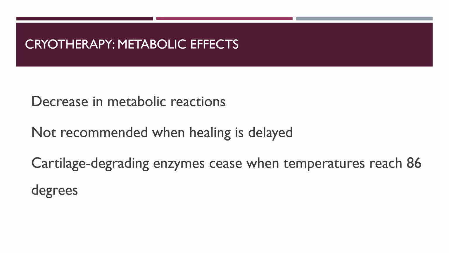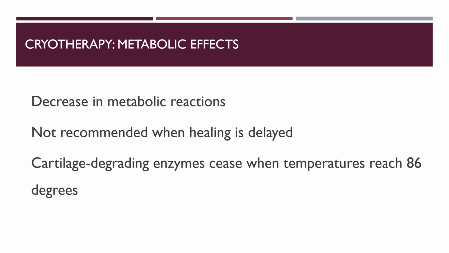So it's not recommended for any kind of chronic type wound or diabetic ulcers if it's a chronic thing. So we want to actually maybe go the other direction with thermotherapy to increase that metabolic rate. So anything chronic related, it could be stuck in that phase of inflammation, delayed wound healing. We don't want to put ice on that. We want to actually do the opposite, increase our metabolic rate there.